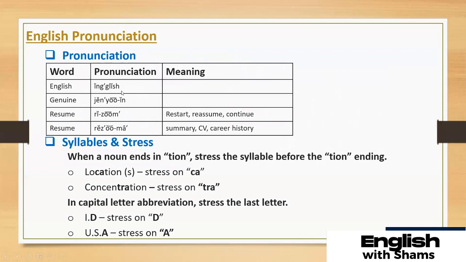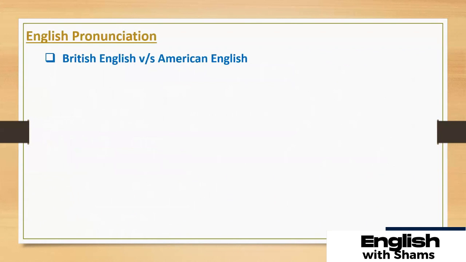So when we start learning, we need to make sure that whatever we learn, we use that one. Then only we become expert. Now, in English pronunciation, we will compare British English and American English.